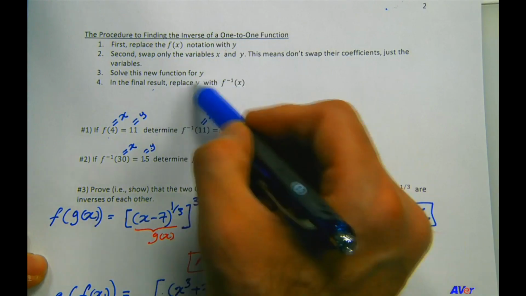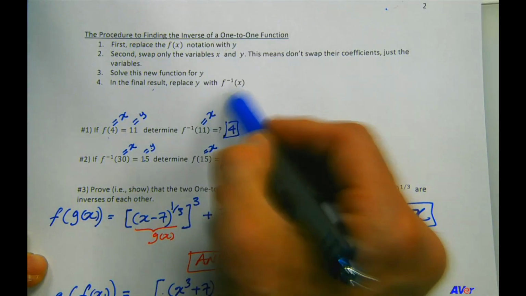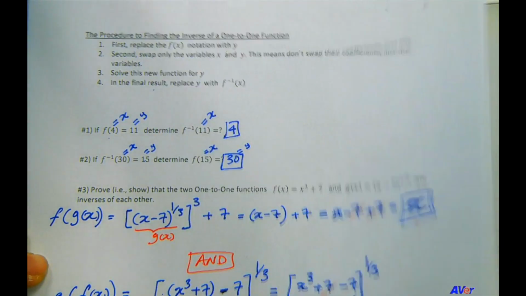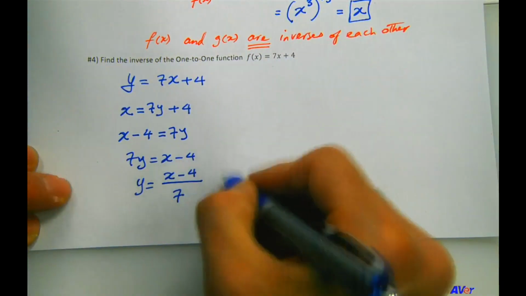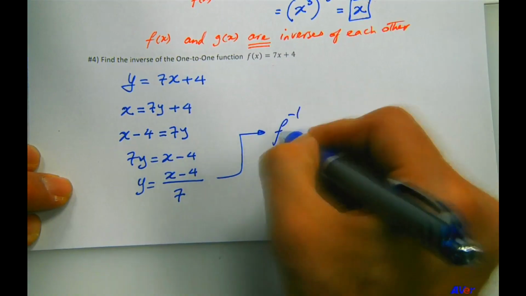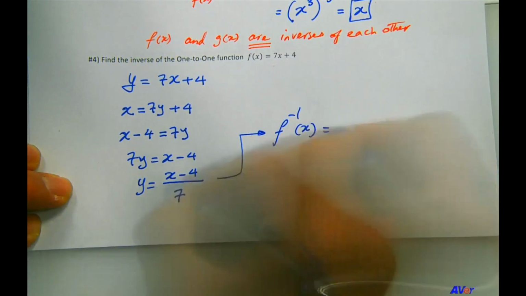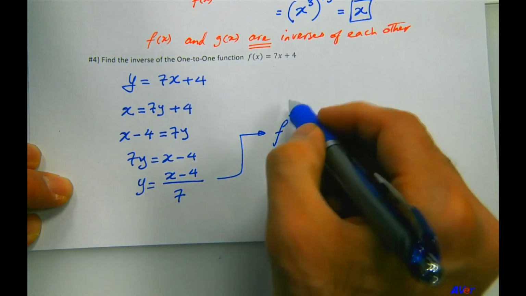So just replace y with a different notation, which reflects the proper inverse function notation. So we started with f of x, so I'm going to then say inverse of f function is equal to x minus 4 divided by 7.